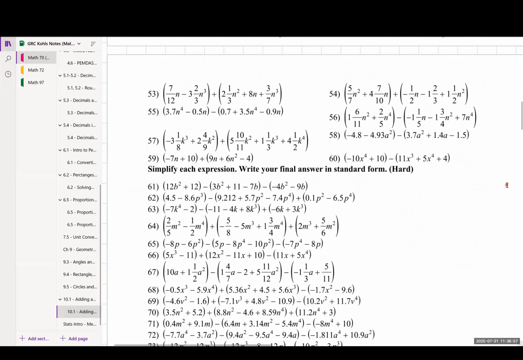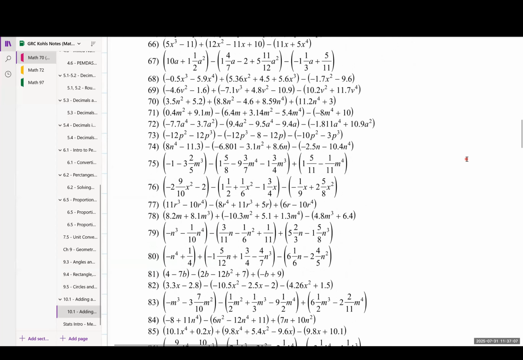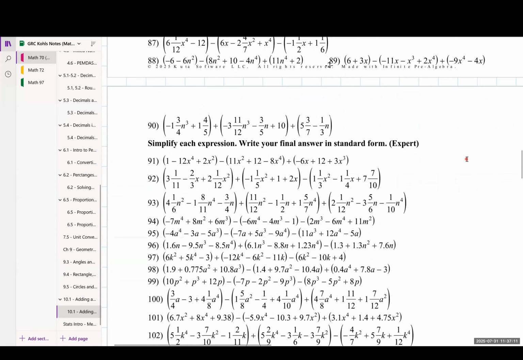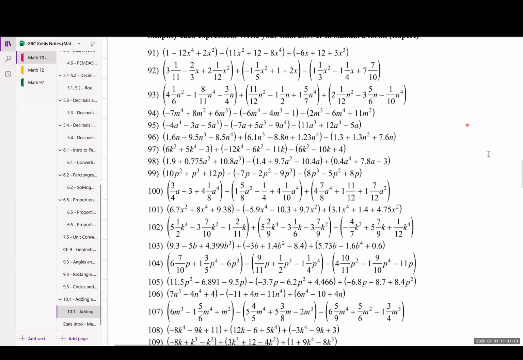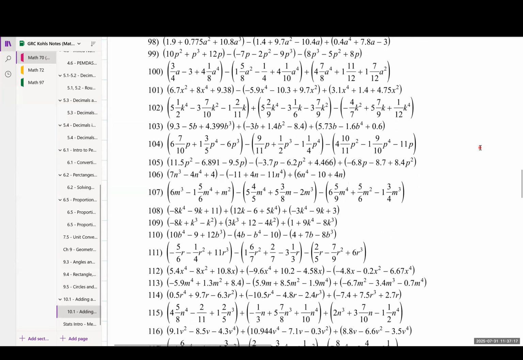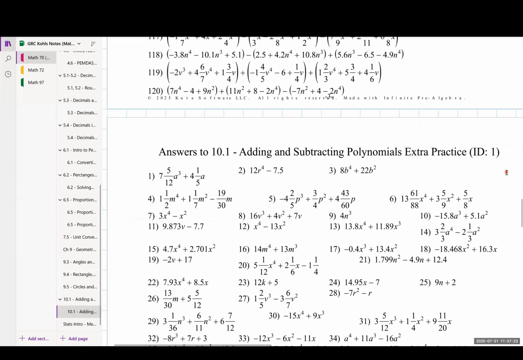At the end of the day, we are coming back to our process of checking for variables to be the same and variable exponents to be the same as well. As per usual, with all of the extra practice PDFs and problems, the answer key is provided at the very end. You guys are welcome to use this, download it, save it, print it out as you see fit.